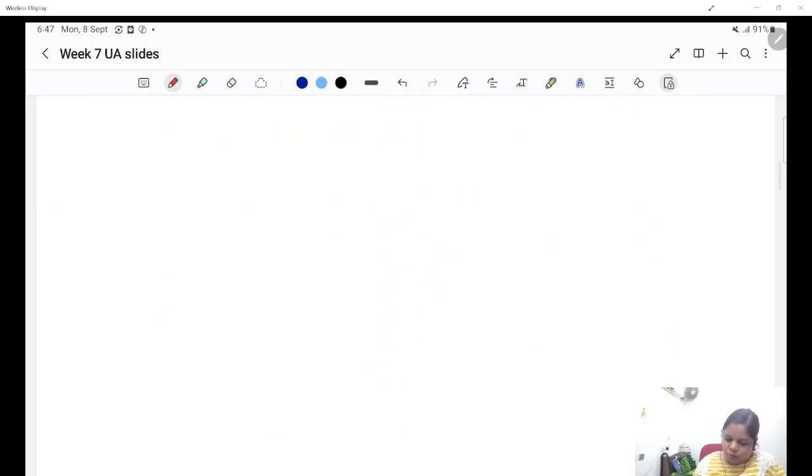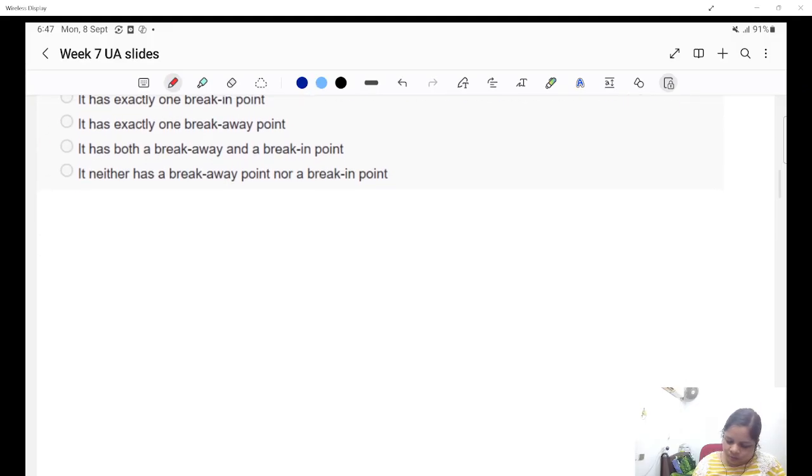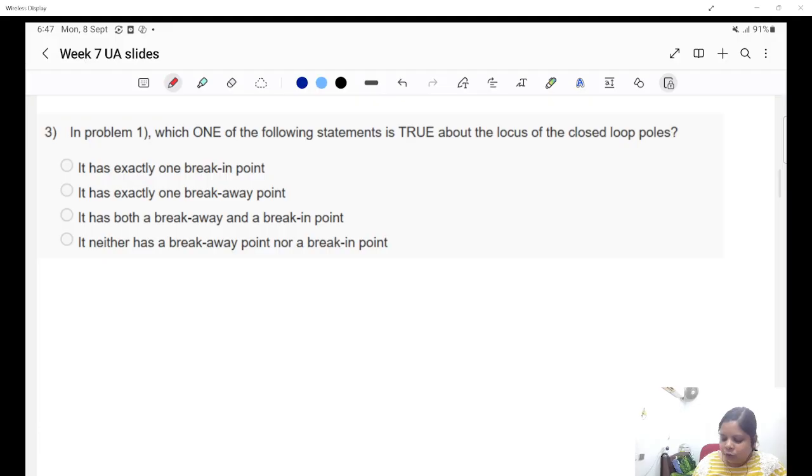Okay, let's move to the next question. In the same problem, which one of the following statements is true about the locus of closed loop poles? We are talking about breakaway and break-in points, right? So in this case, just let me write the question once again.